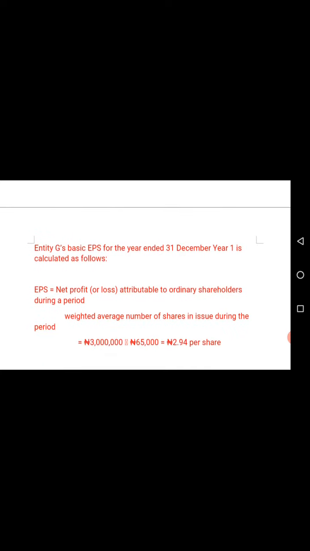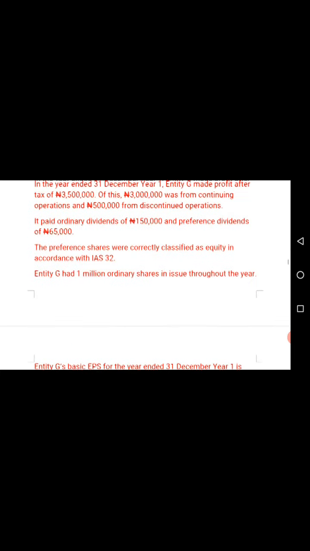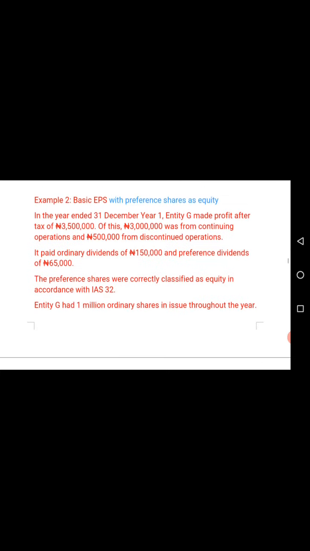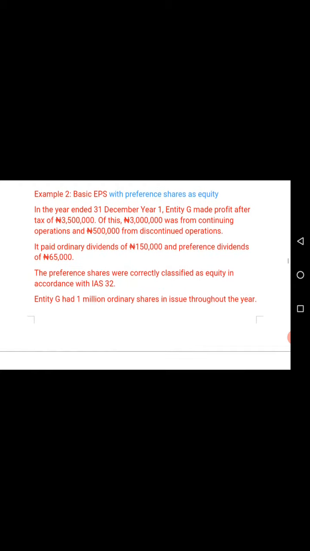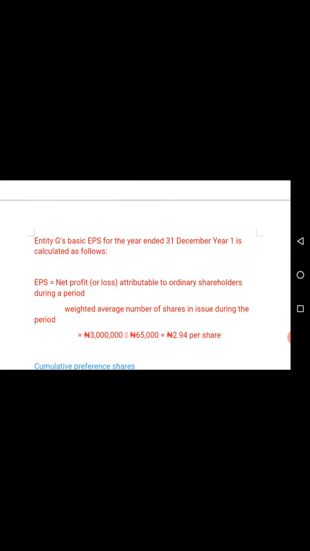The same formula: net profit or loss attributable to ordinary shareholders during a period, divided by the weighted average number of shares in issue during the period. Now we have 3 million from continuing operations. We don't care about discontinued operations here. Then we deduct 65,000.